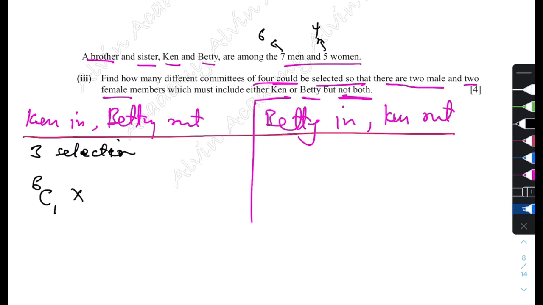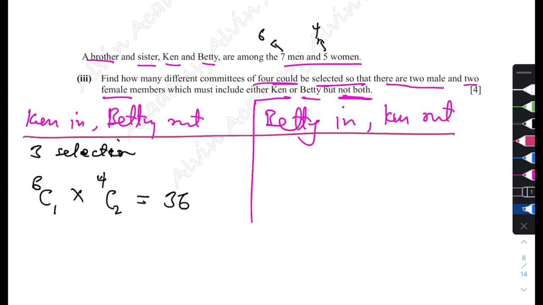Betty is not even part of the selection anymore. So we have 4 combination 2, and that will give us 6 combination 1 times 4 combination 2, giving us 36.